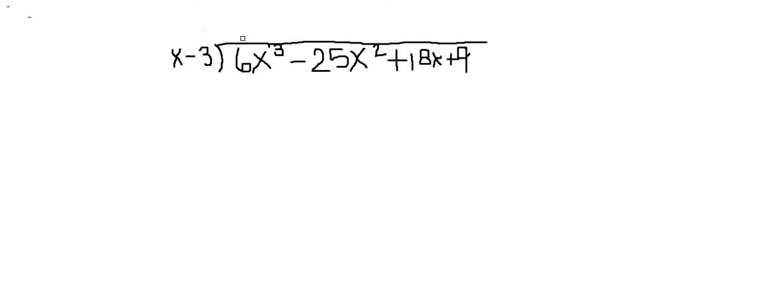Now, you have to find a number that multiplied by x would give you 6x cubed. Now, the number that would give you that is basically 6x squared.